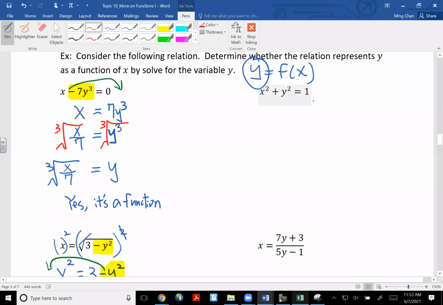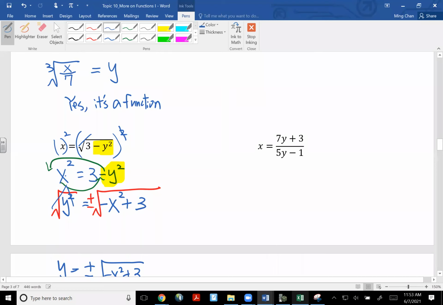All right. This one right here is very similar to the one we just did. Solving for y. This is a variable term. I'm going to move the x squared over. So I get y squared equal to negative x squared plus 1. It looks just like what I did right here.